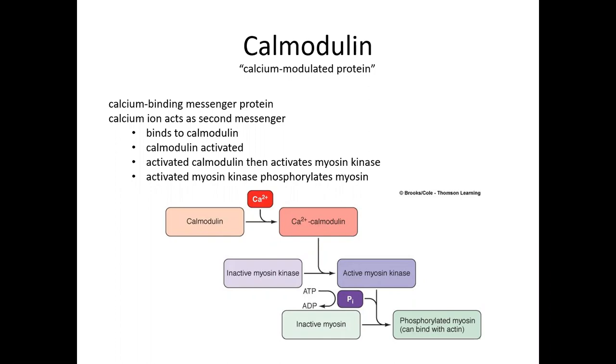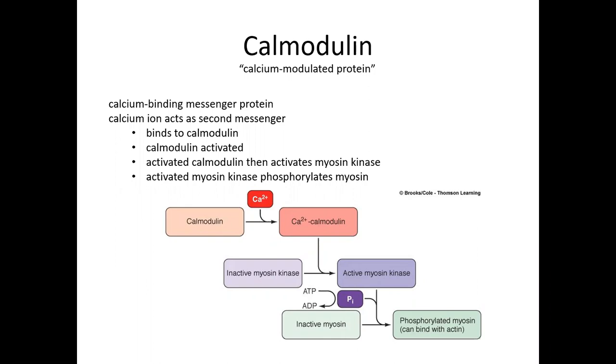So activated calmodulin then acts as the impetus to change an inactive myosin kinase to an active myosin kinase. And as we learned at the very beginning of the course, kinases phosphorylate. And so what's going to happen is ATP is going to get broken down to ADP, releasing a phosphate, and the activated myosin kinase is going to take that phosphate, and then it's going to bind it to myosin. And so now we have a phosphorylated myosin, which means it can bind with actin.